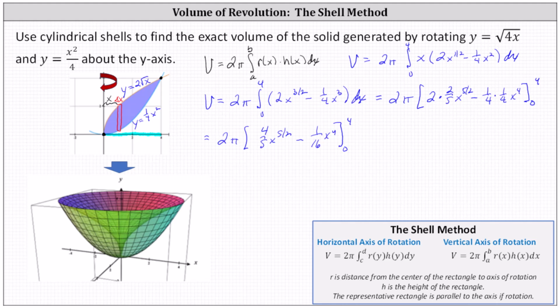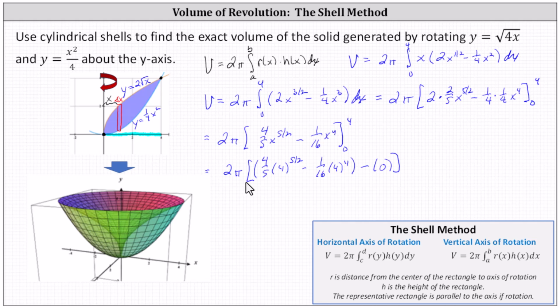And now we need to determine big F of 4 minus big F of 0. Big F of 4 is equal to 4/5 times 4 to the power of 5/2 minus 1/16 times 4 to the 4th. And notice big F of 0 is 0.